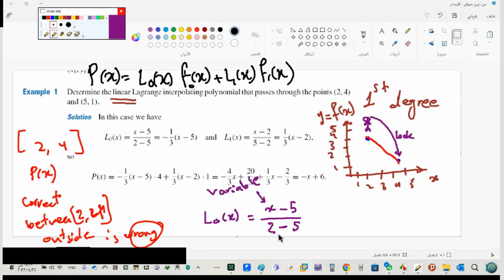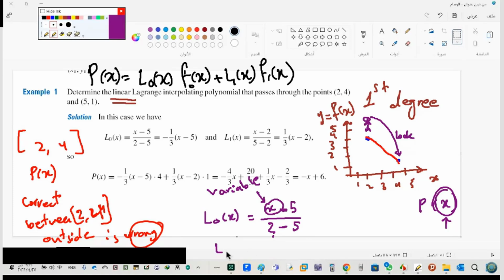Leave it. I will explain about this one later because I want to write the formula. So the formula will be Px as a function of x. So this is x. Now I'm looking for another point, so it's x minus 5 over my point minus 5.